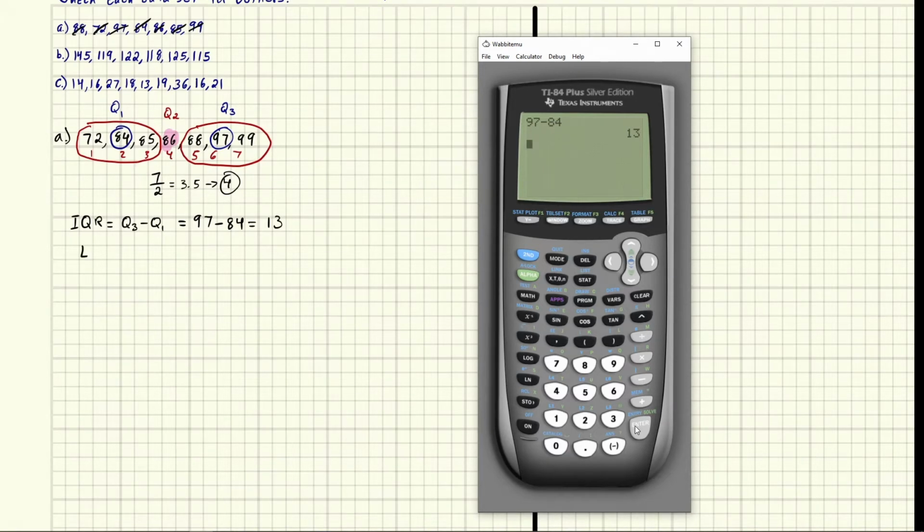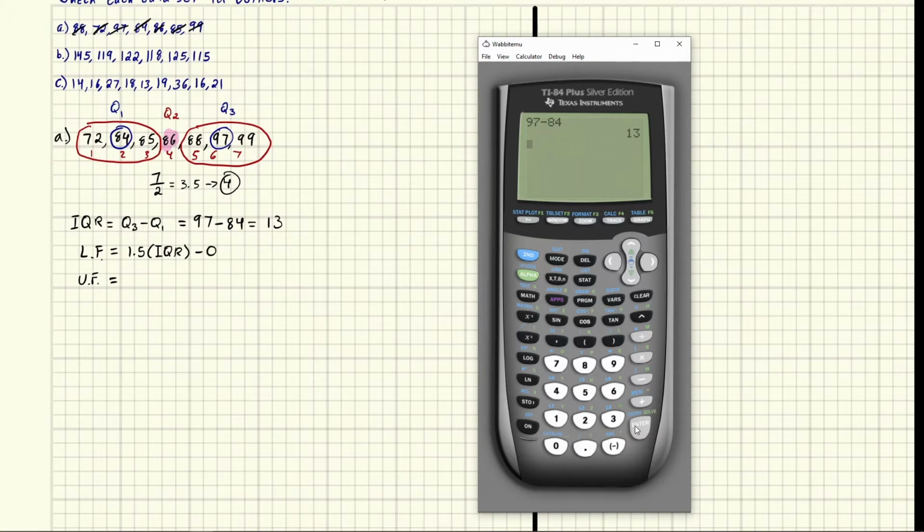We now create a lower fence and an upper fence. These fences, if something goes below the lower fence, it's an outlier. And if something goes above the upper fence, it's an outlier. So the lower fence is the first quartile minus 1.5 times the interquartile range.